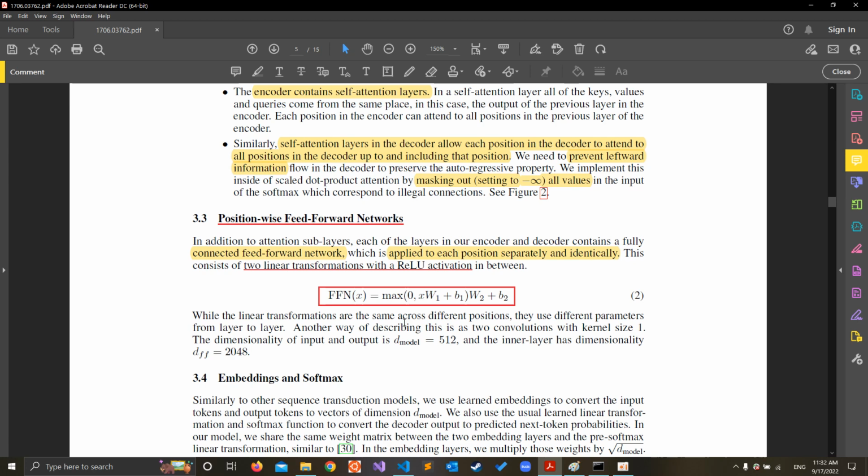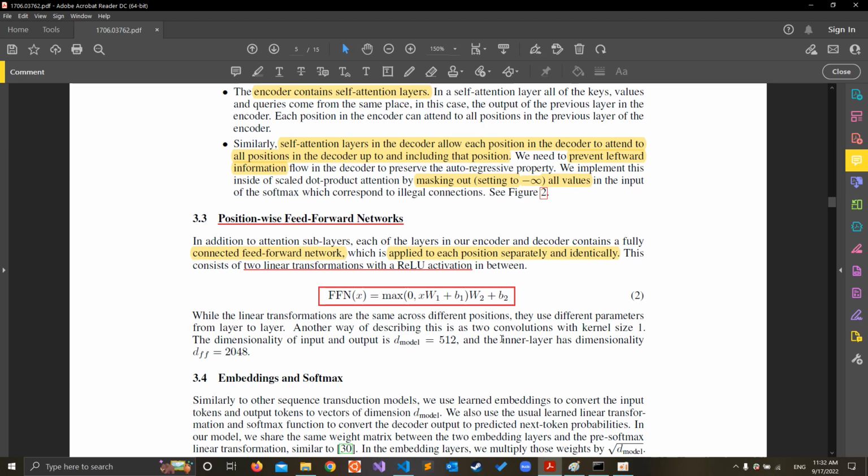Another way of describing this is as two convolutions with kernel size 1. The dimensionality of input and output of the model is 512, and the inner layer has dimensionality of 2048.